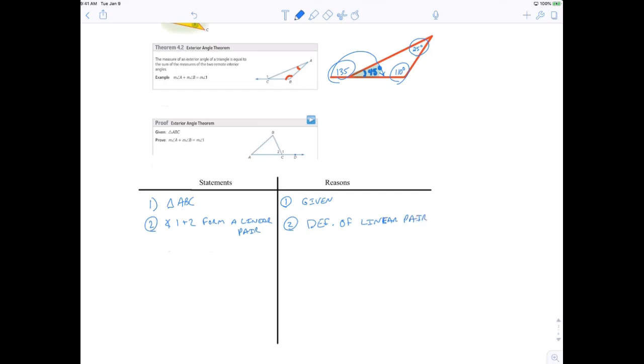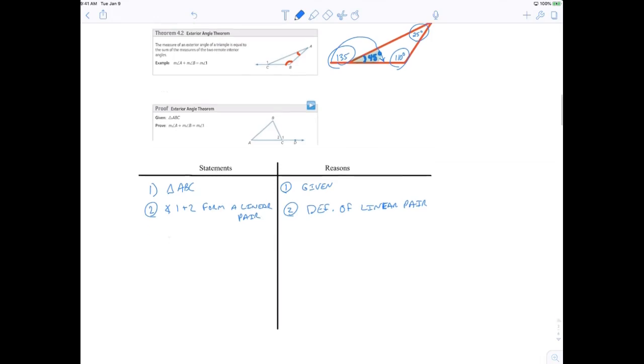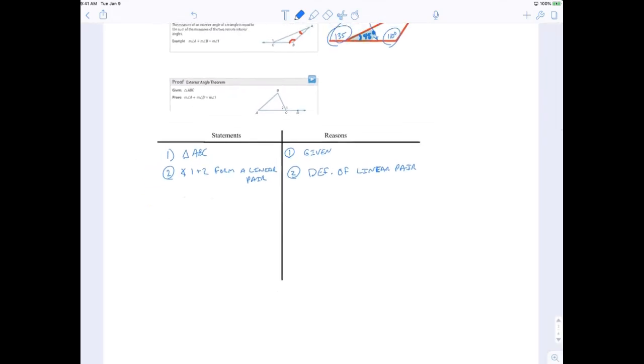Everybody okay with this? Definition of linear pair. All right. And now we can say that angle 1 plus angle 2 is equal to 180 degrees.